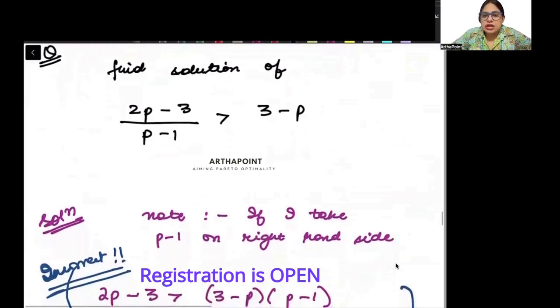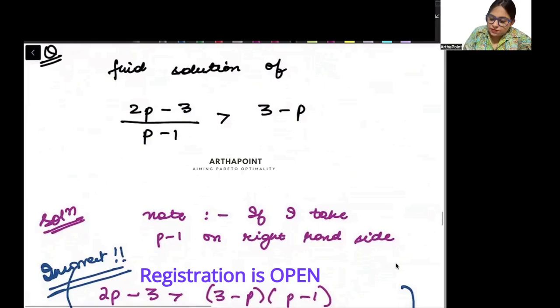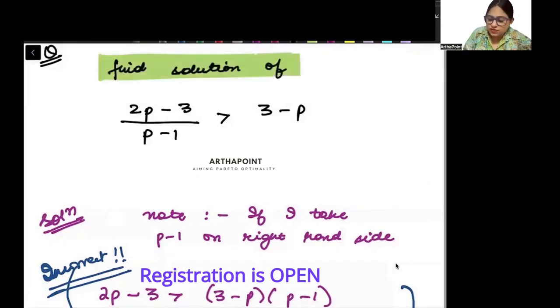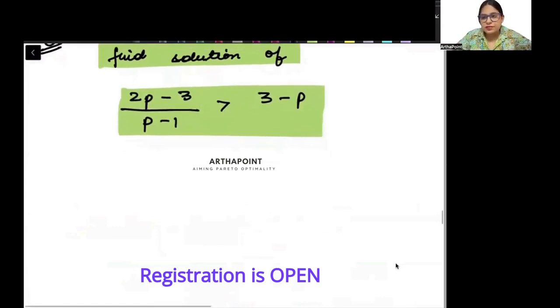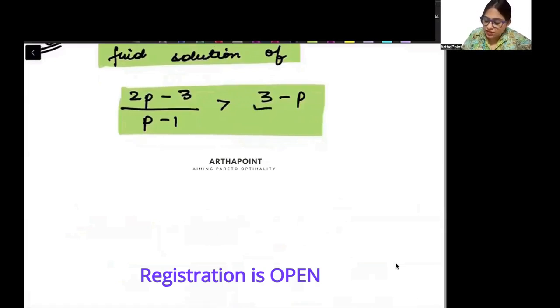Okay, let's start this. So, it says, find the solution of, and you are given this equation. Again, we have to solve this inequality. Now listen to me very carefully. Whenever we have to solve this kind of inequality, we can take everything on one side.